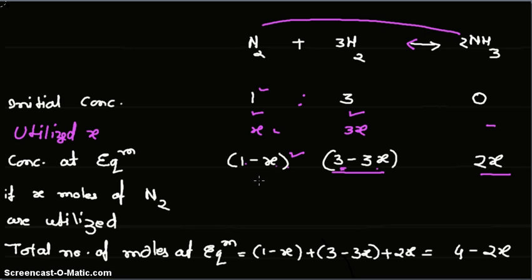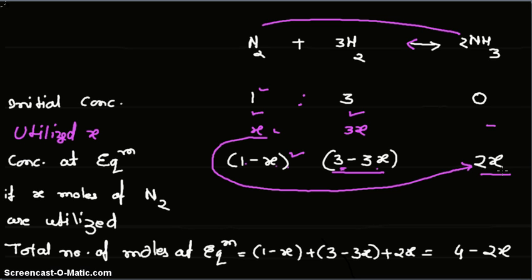Therefore x moles utilized gives rise to 2x moles of ammonia at equilibrium.